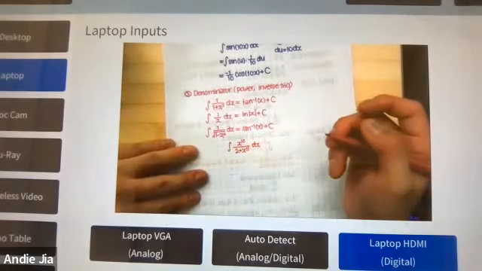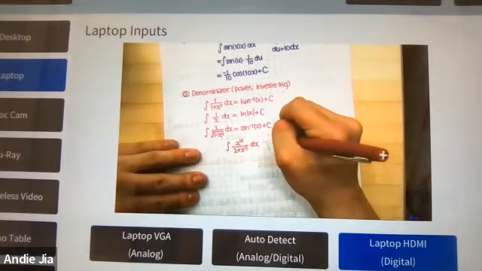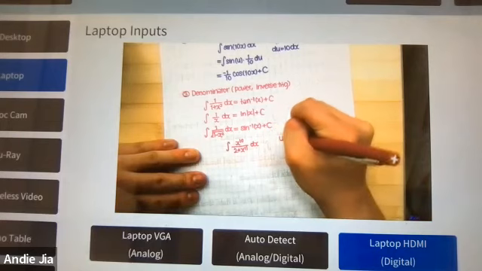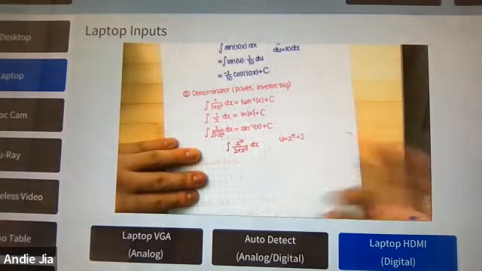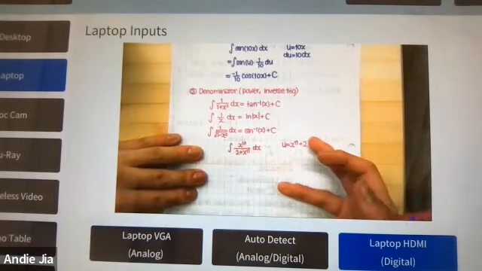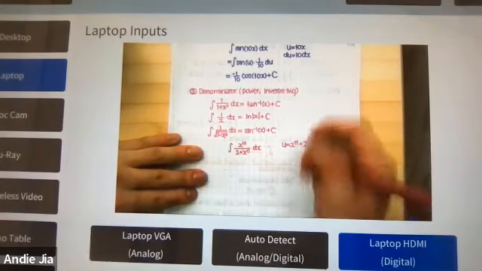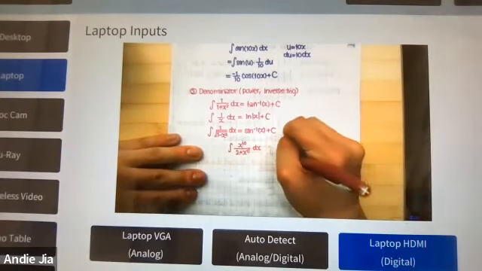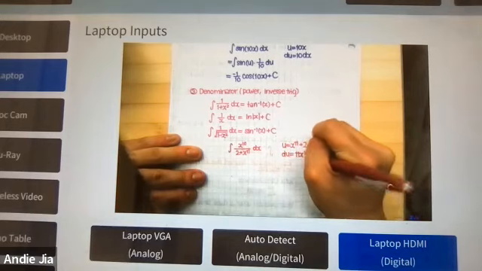Make use of u substitution. It is u equal to x to the 11 plus 2. They're the same function, so we don't care about the order, as long as you don't write x to the 11 minus 2. The du is going to be 11 x to the 10 dx.